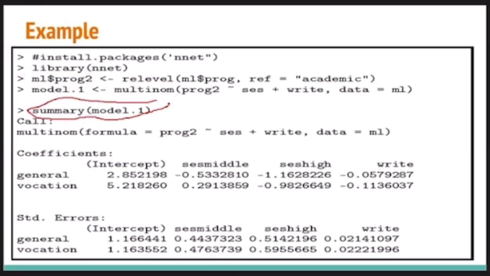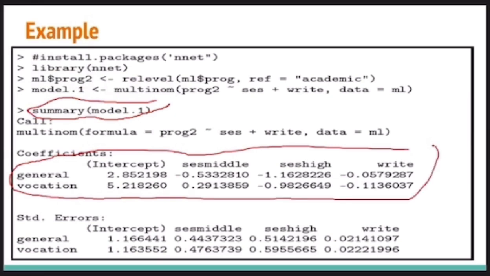It's going to give us coefficients separately, the standard errors separately. This is for the coefficients, and what you reference will not be listed in the output. What did we reference? Academic. Do you see academic? No. Whatever you reference is not going to be displayed in the output.